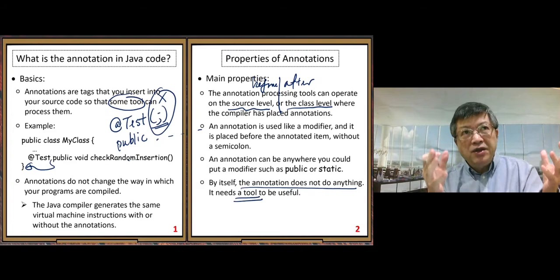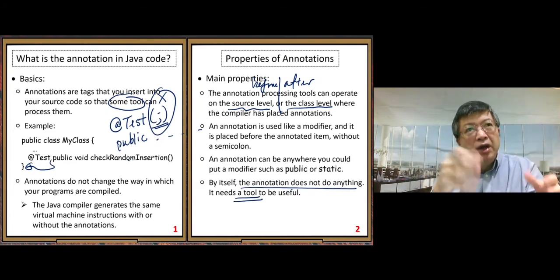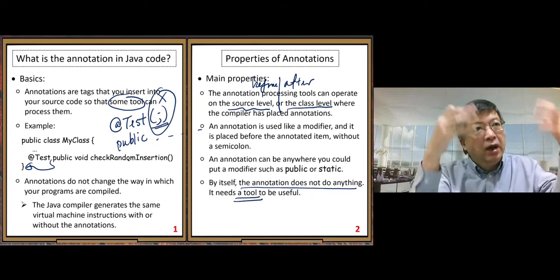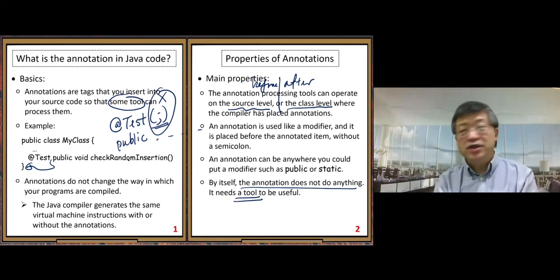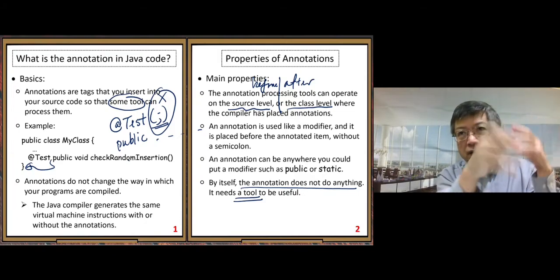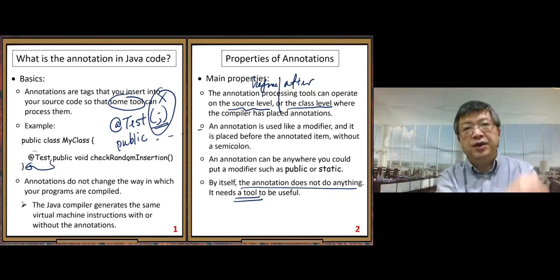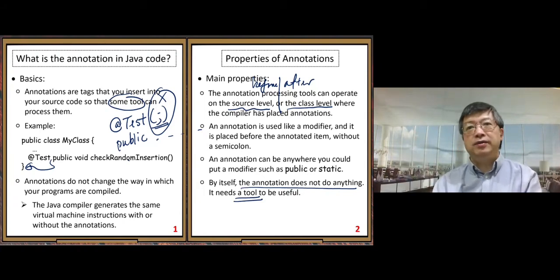So the container can use that translated annotation information to generate a hidden configuration file. We cannot see the configuration file, but there could be somewhere a hidden configuration file used by the container. That's the story behind the scene.